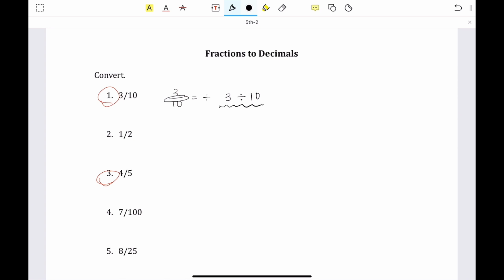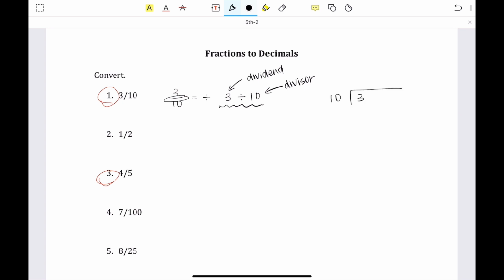Now knowing this, if you know your division terms, you'll know that your 3 is your dividend, 10 is your divisor. And knowing this, you'll know that 3 goes inside this division sign and 10 goes on the outside.